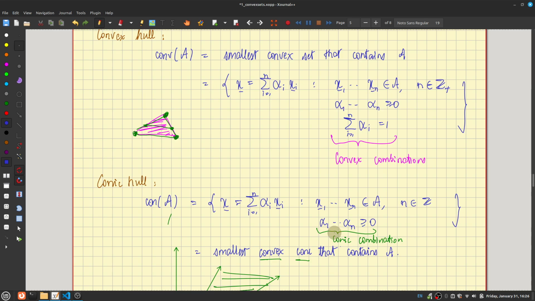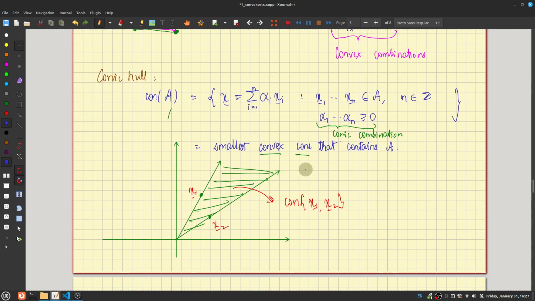A set containing A that is not closed like that wouldn't be called a cone, and I'm not going to call that the conic hull. You can define it, sure, you can always define it.